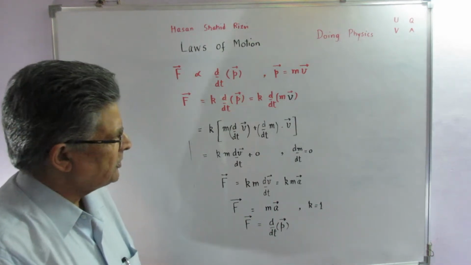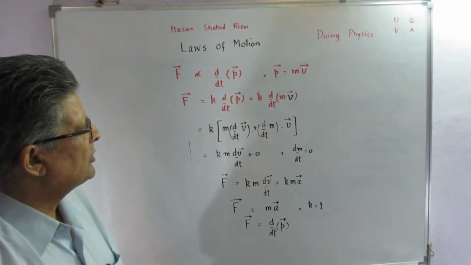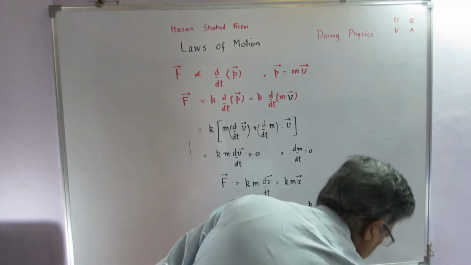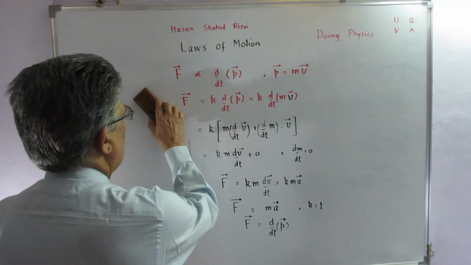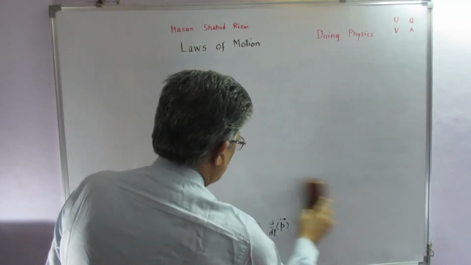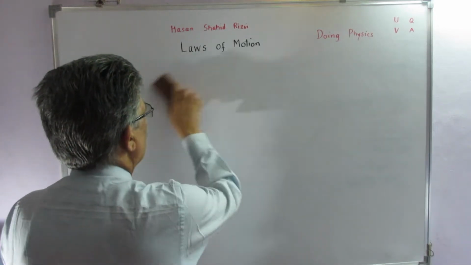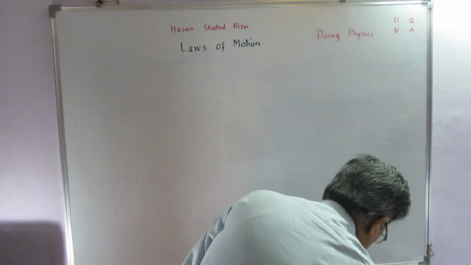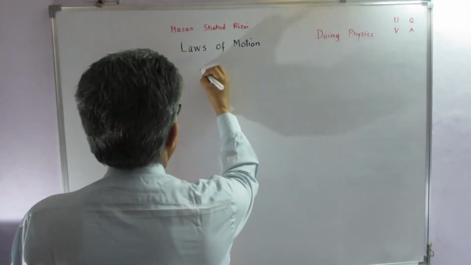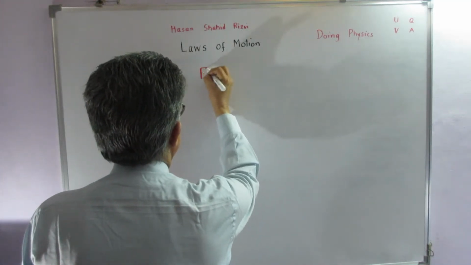Before, I told you also the basis of how to look into the third law, but before that I would like to do a very simple exercise, taking the force as F is equal to ma.